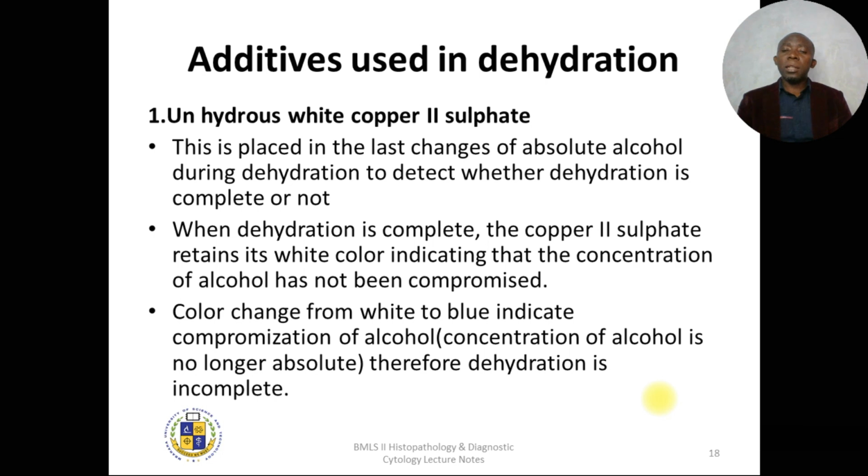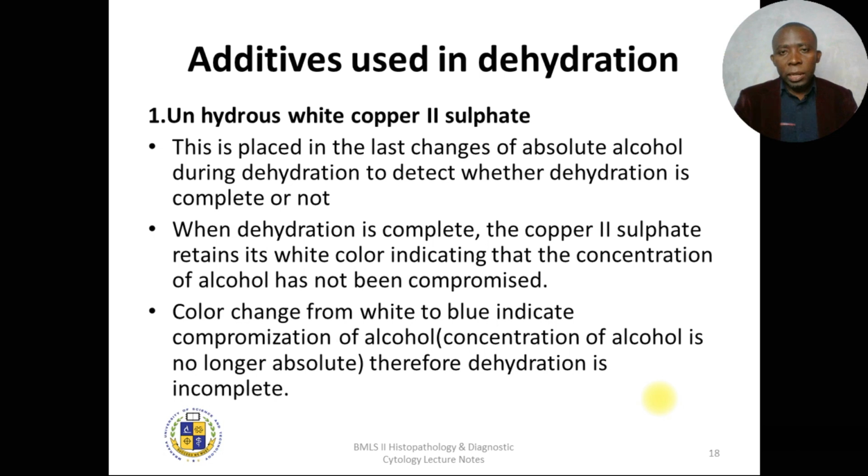They can either enhance the dehydration process, or help us detect whether dehydration has taken place completely, to determine the end point of dehydration. For example, number one, we have anhydrous white copper II sulfate, which is important to help us determine the end point of dehydration.